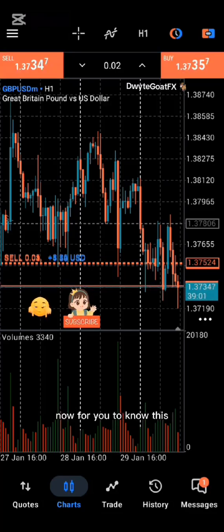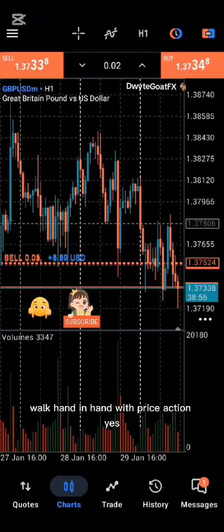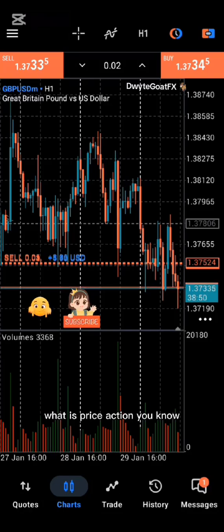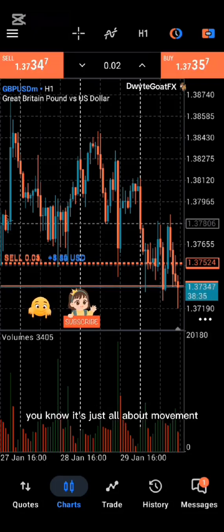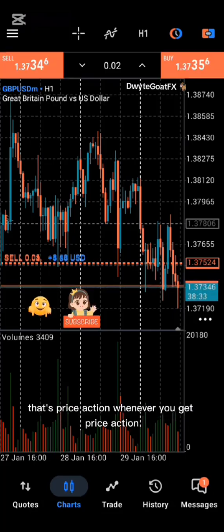Now, for you to know this, you have to understand that volume works hand in hand with price action. What is price action? The movement of price from a higher point to a lower point in time. That's all about price action.